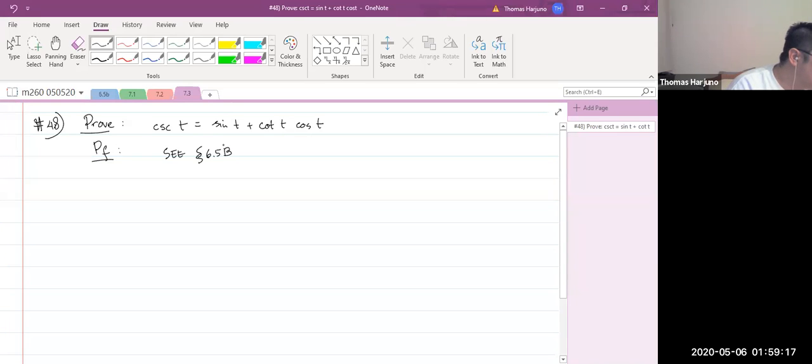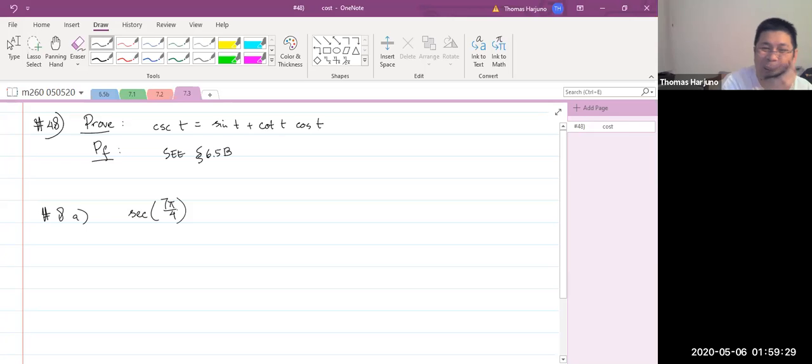Okay, how about number 8a, secant 7 pi over 4. This is done in 7.1. At that time we did, secant is 1 over cosine, right? And 7 pi over 4 is in which quadrant?